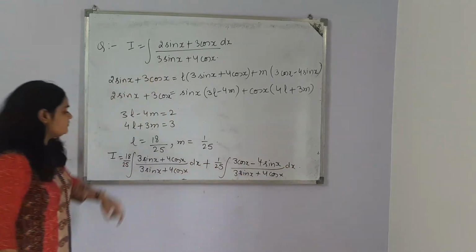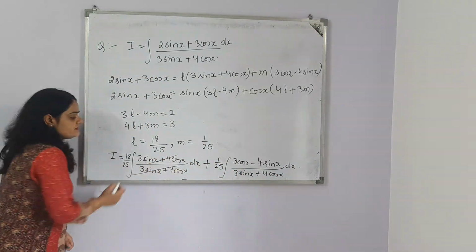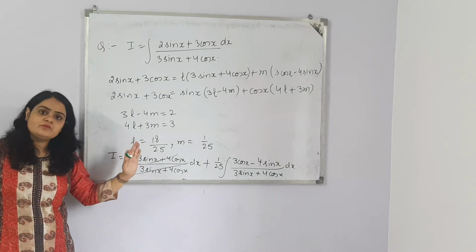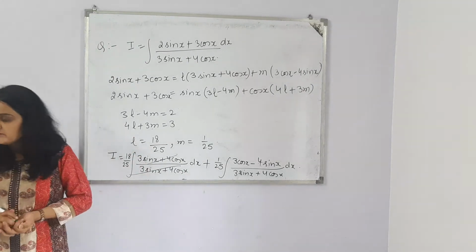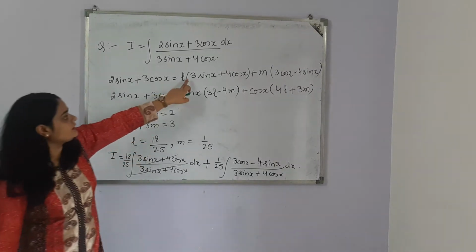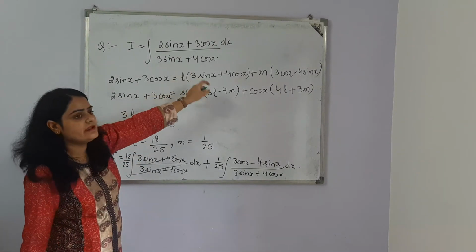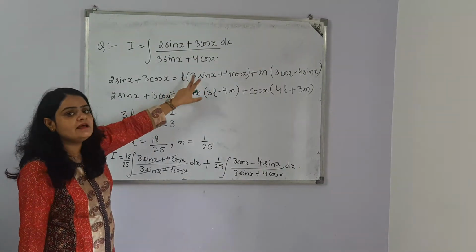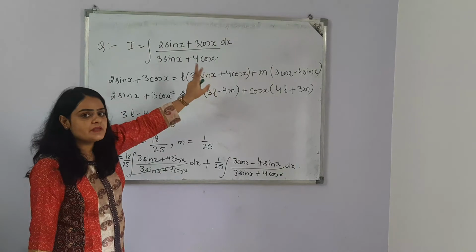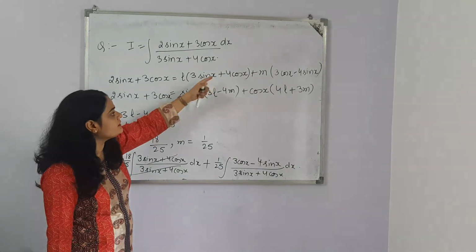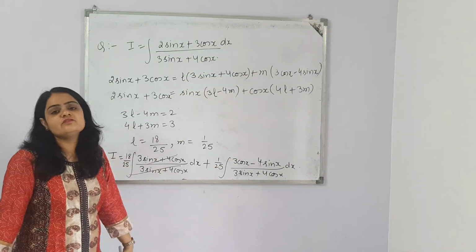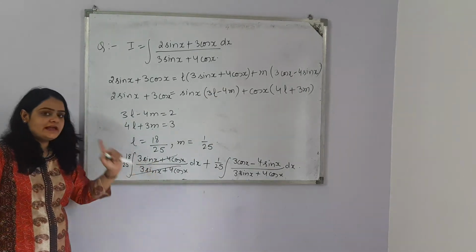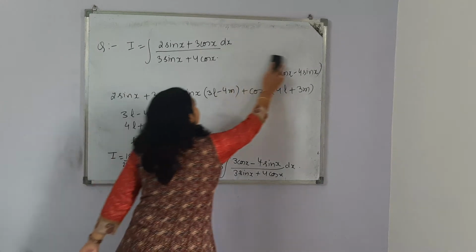Now you are watching that both the terms are the same, so they cancel out. If this type of question comes, this term will always cancel out, because we are making L into the denominator. After finding the value of L, if the numerator and denominator have the same function, of course it will always cancel out.